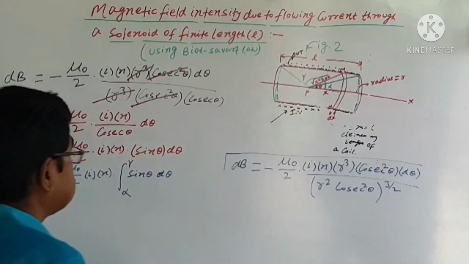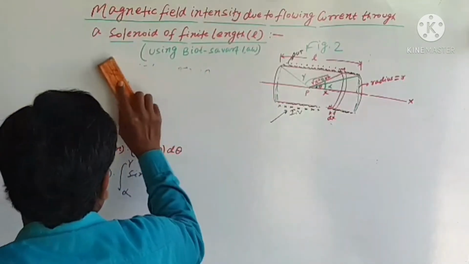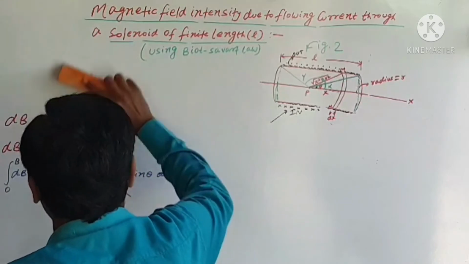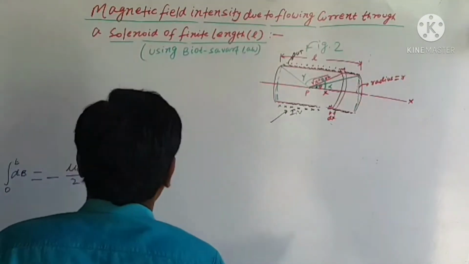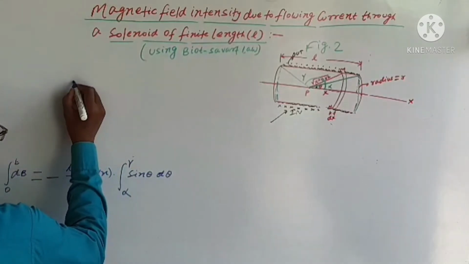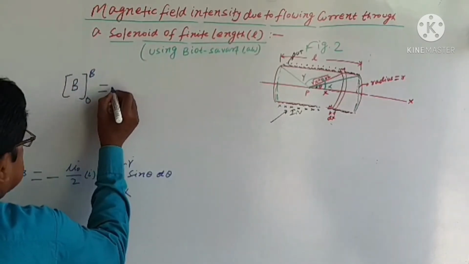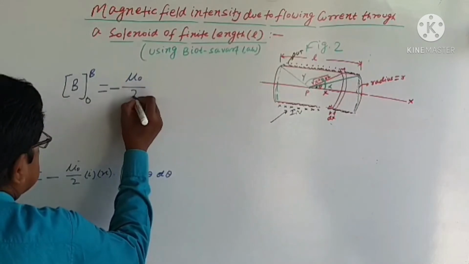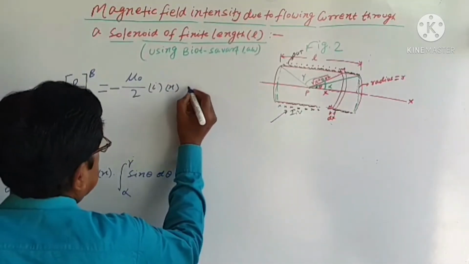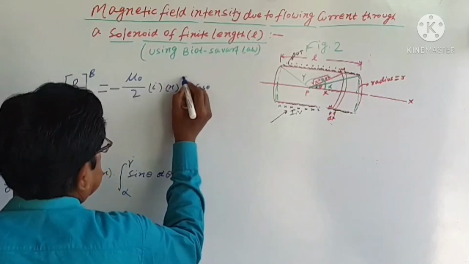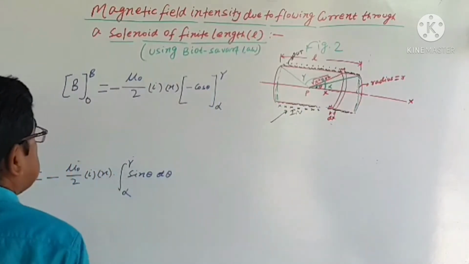So, B minus 0 is minus mu naught upon 2 I n, and the integral of sine theta is minus cosine of theta, with upper limit gamma, lower limit alpha. Okay.